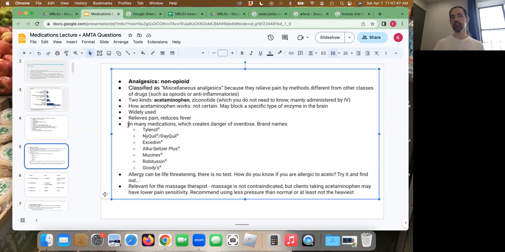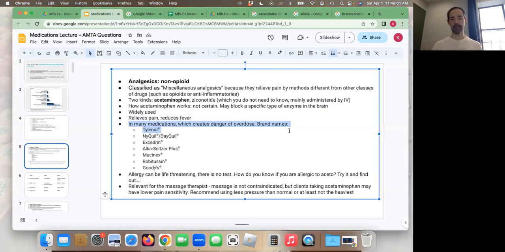Okay, so one of the issues that they may or may not bring up on the MBLEx is that medications like acetaminophen and ibuprofen are so widespread, they're in more than one product out there, and they can be prescribed as well. Sometimes people take multiple medications because they think they need them, and that can create the danger of toxicity or overdose.